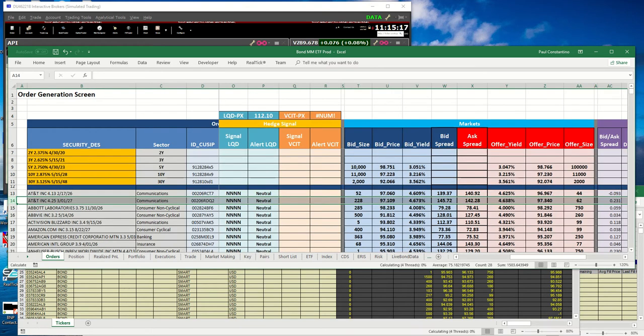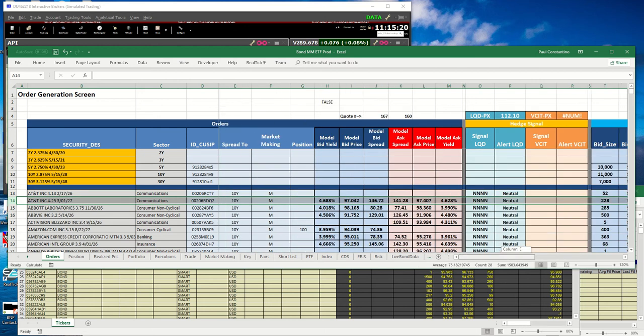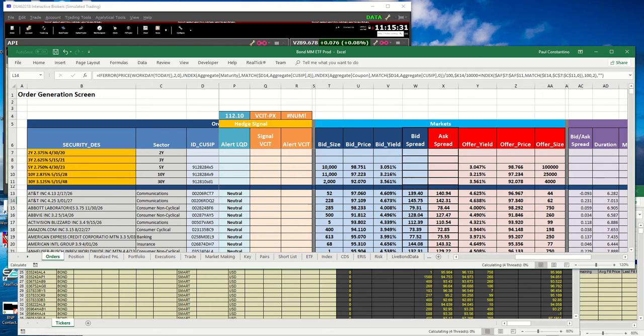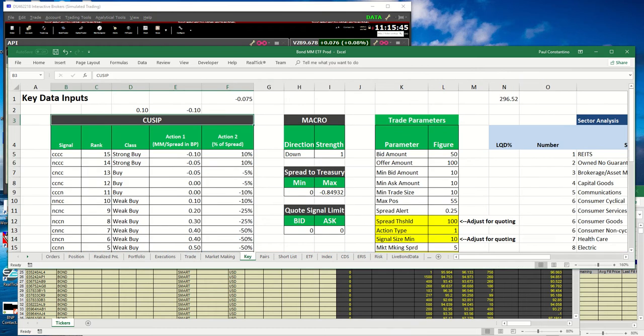So if we go back to that same position and we look at the AT&T 4 1/4 of 27, we'll see that the bid came up to 97,042. The offer's at 97,407, and so that spread is a bit tighter than what it had been previously in the previous demonstration.